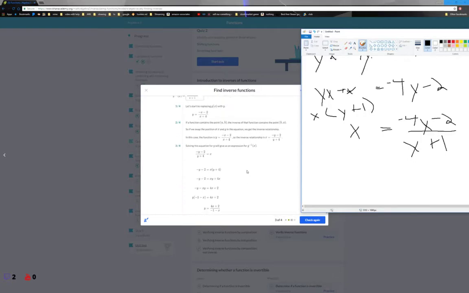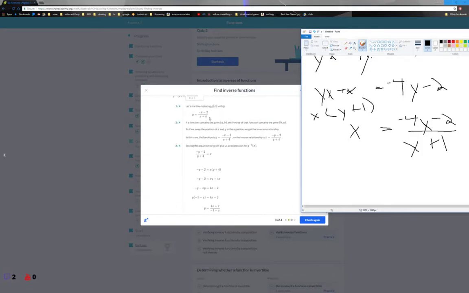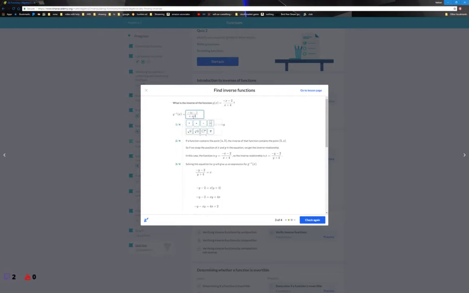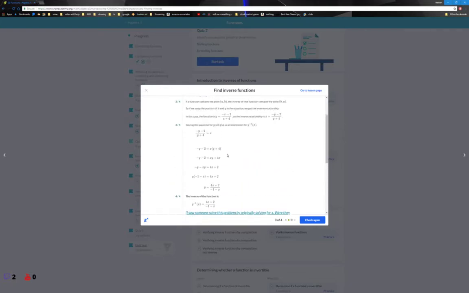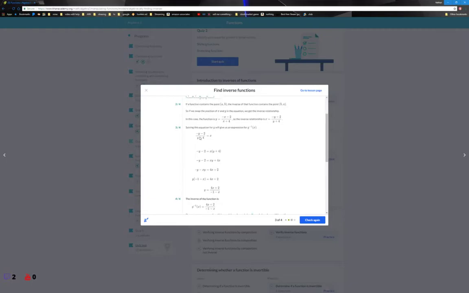So we had problems with positives and negatives here. So it was negative 1 minus x, and then it was a positive 4x plus 2.